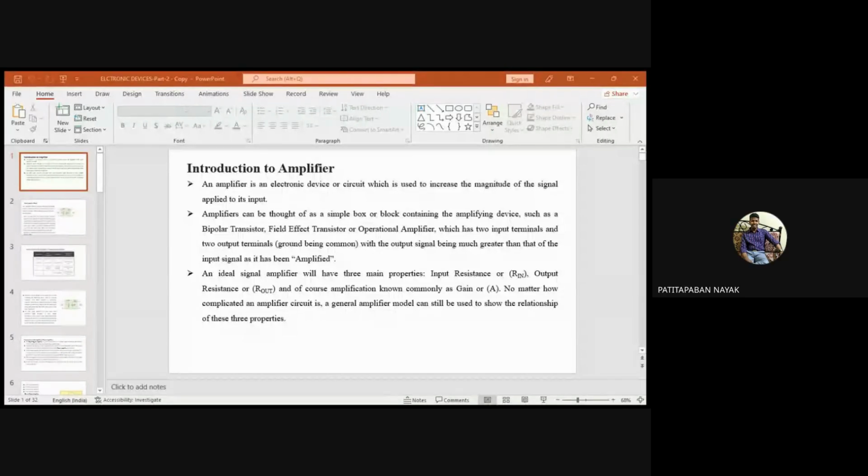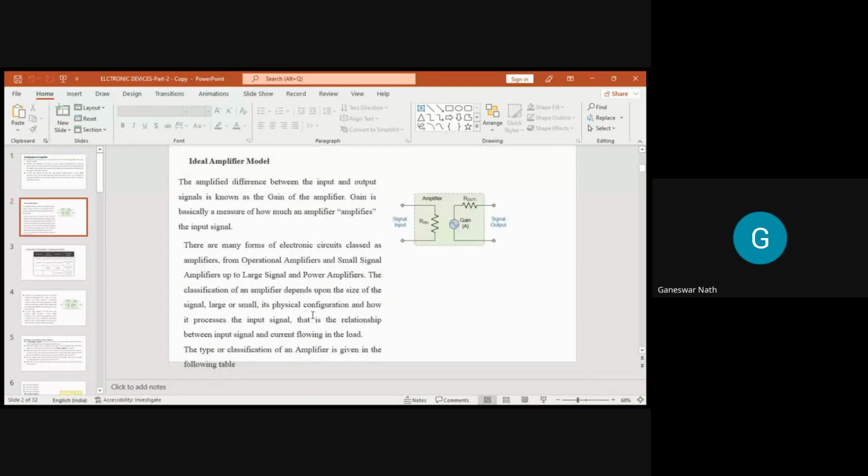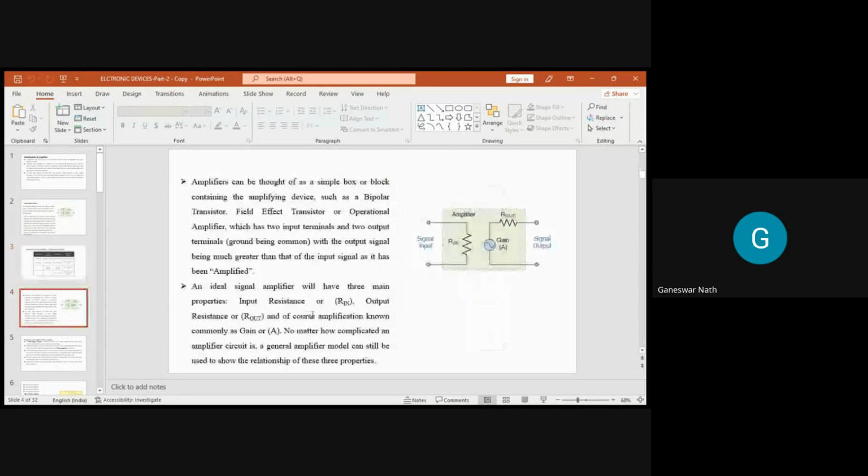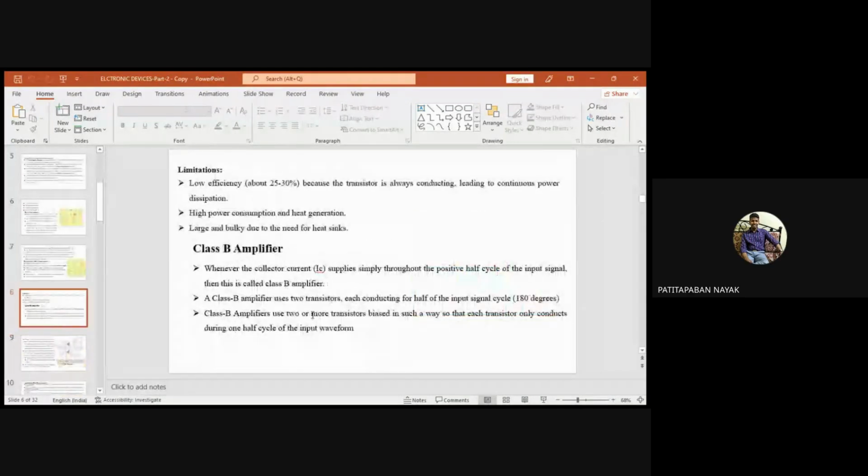Yes, sir, visible. The slides are visible. Okay. Just to see whether this is actually moving or not. Yes, sir, it's moving.